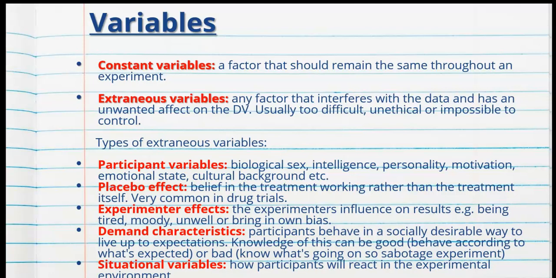So when someone sleeps in a sleep lab, we need to really take into account the situational variables because they're hooked up to EEGs, EOGs, and EMGs, which are all connected to, you know, the corners of the eyes, connected to the brain and connected to the body, and they're sleeping in a lab environment. That's obviously going to affect their sleep in a way that wouldn't necessarily affect their sleep if they were sleeping in their own home or their own bed. So that's a situational variable that may impact the results.